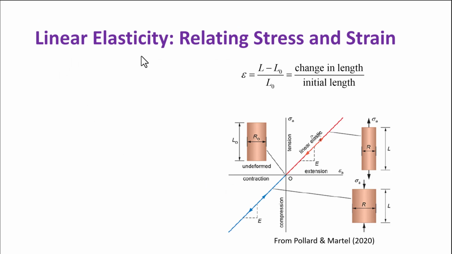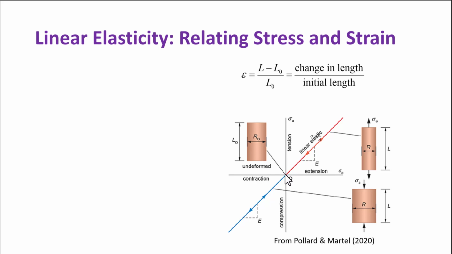So linear elasticity relates stress and strain by Hooke's law. When a sample is deformed, strain increases and the stress increases in it as well. The horizontal axis here is strain. The vertical axis is stress. The initial state of the sample is stress-free and strain-free.